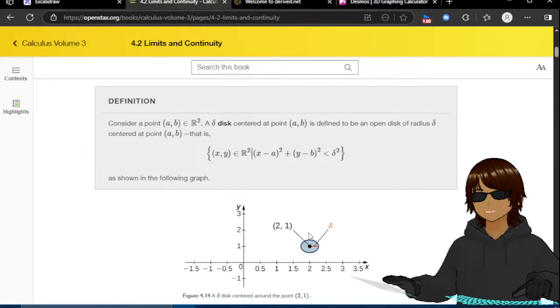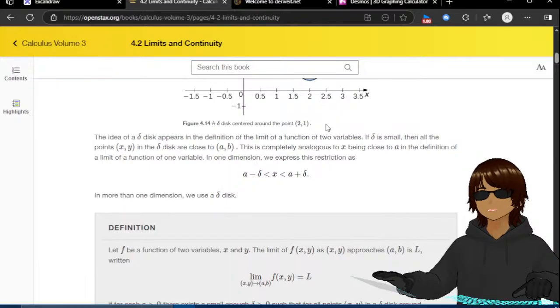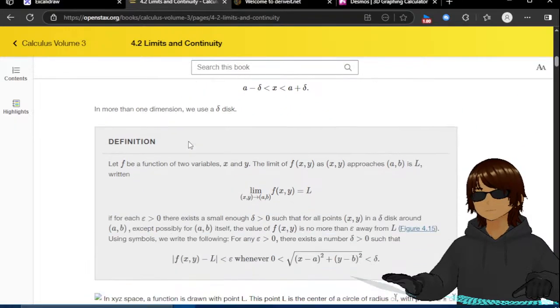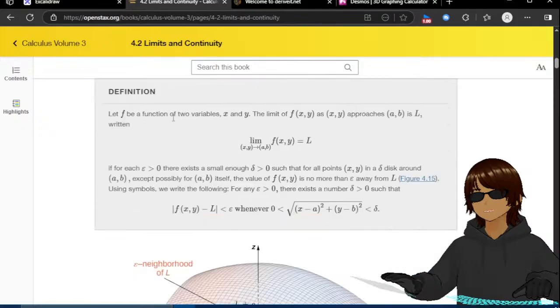So they're defining these points. The idea of a delta disk appears in the definition of the limit of a function of two variables. If delta is small, then all points (x, y) in the disk are close to (a, b). In more than one dimension, we use the delta disk.